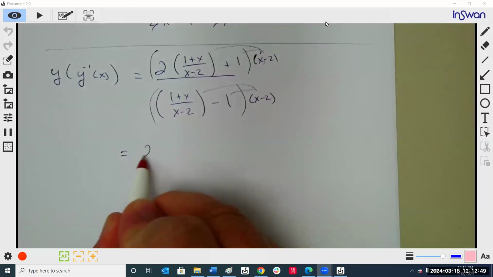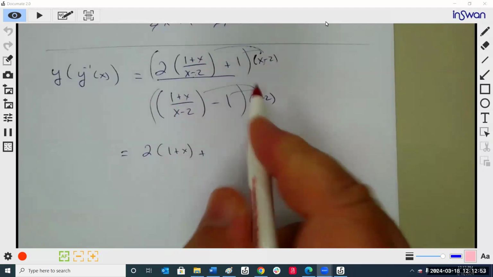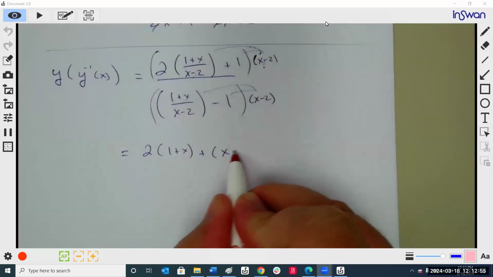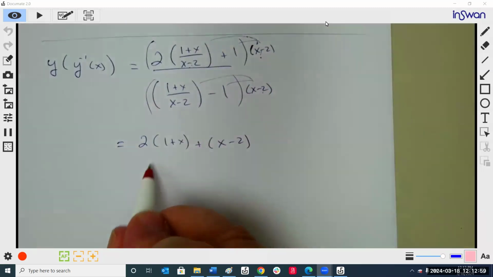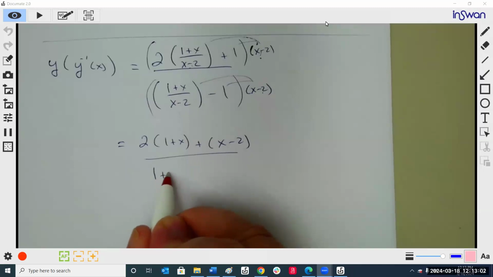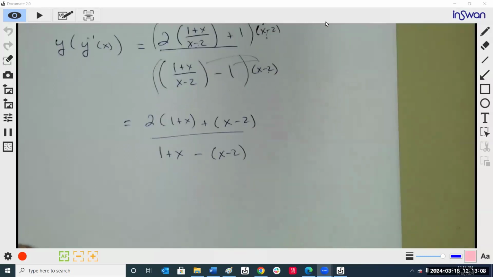And multiply every term by x minus 2. Those cancel, so we have 2 times 1 plus x, plus x minus 2, over 1 plus x minus 1 times x minus 2.